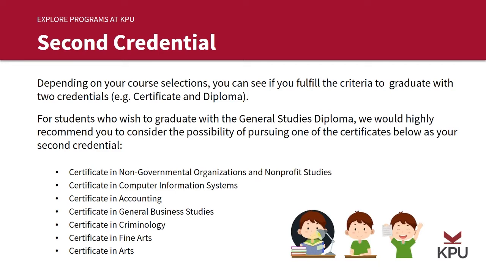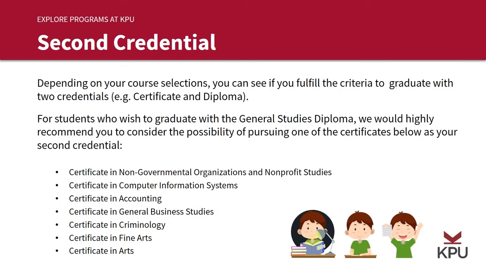If they plan their courses well, it is possible that they can graduate with a diploma in general studies, but within the diploma in general studies, if they choose their courses properly, they can also graduate with a certificate in non-government organization and non-profit studies, certificate in computer information systems, certificate in accounting, certificate in general business studies, or certificate in arts or certificate in fine arts. So these are some of the examples.